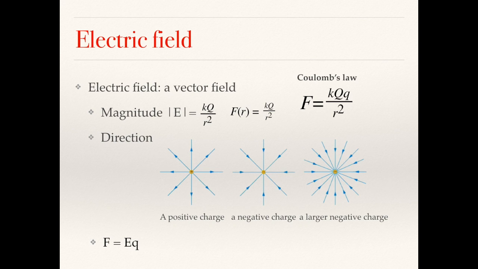I just want to stress that the big Q is the charge that induced the electric field that I'm talking about, and the small q here is the charge that I put into that electric field produced by big Q. It is not to say that the small q cannot produce an electric field, but it's just the perspective we are taking. We're just talking about the electric field produced by big Q now.